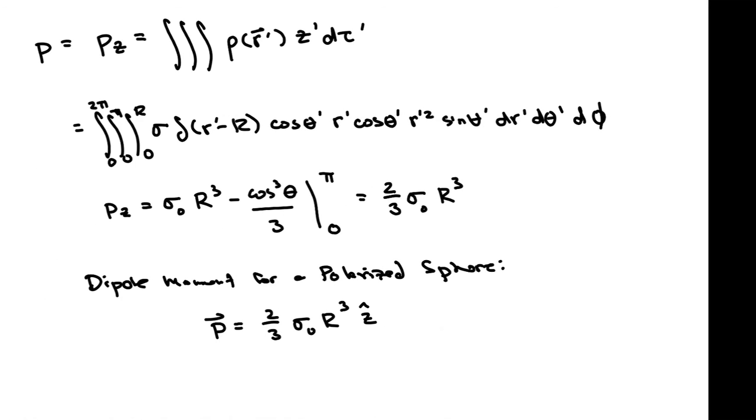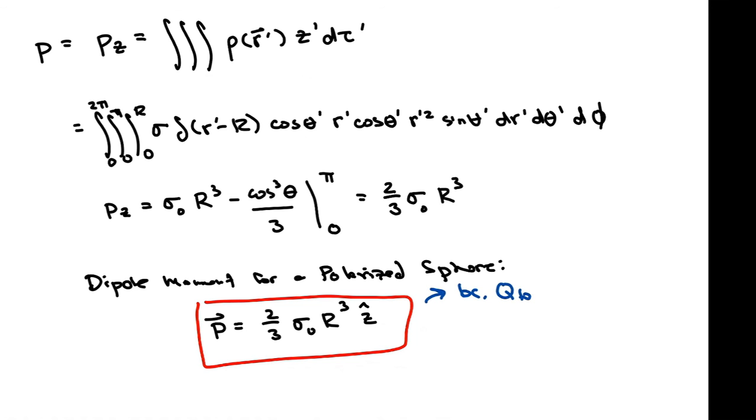Okay, and the last thing I want to note, since that was our main result here, we'll go ahead and circle that. I want to note that for this sphere, Q total is equal to 0. So the dipole term will dominate our potential.